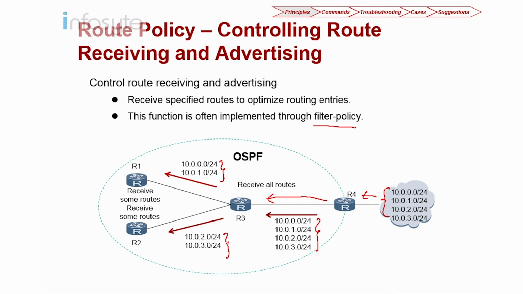Given such a condition, how can you achieve it? One way to achieve it is to use a filter policy together with route policy. You have to combine both these features together to achieve such a solution. We are going to look into this solution later on in our lab.